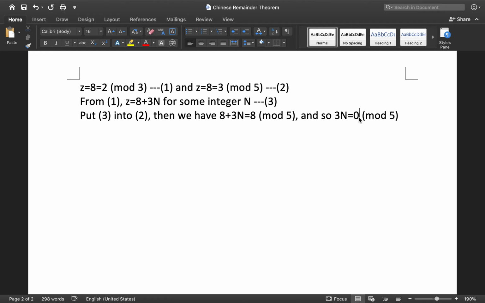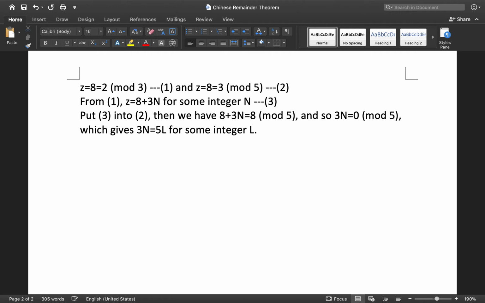How can you get this? That means 3n has to be a multiple of 5, which gives 3n equal to 5l for some integer l.